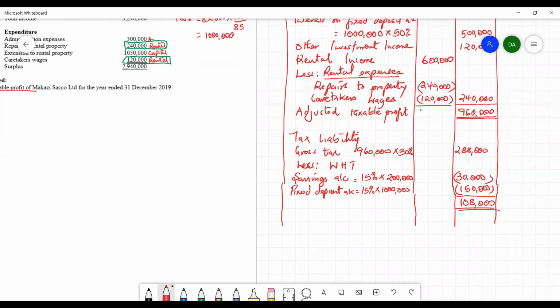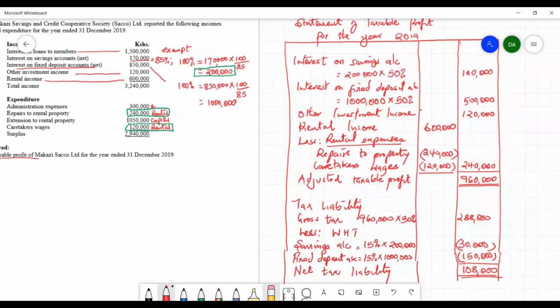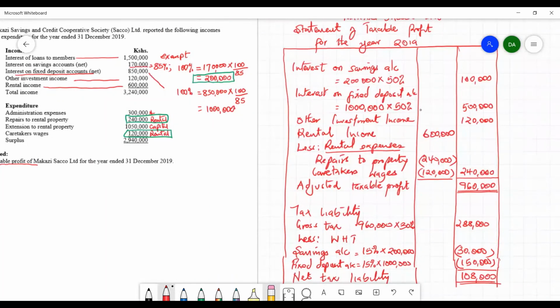And 108,000 is now called the tax payable or net tax liability, which is the tax payable by the SACCO. That is how to prepare the statement of taxable profit for such a question, in case you have to answer such a question, and also determine the tax payable.